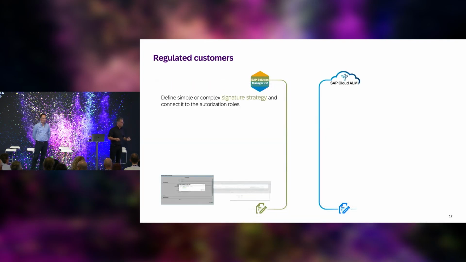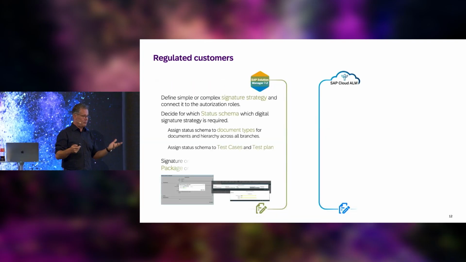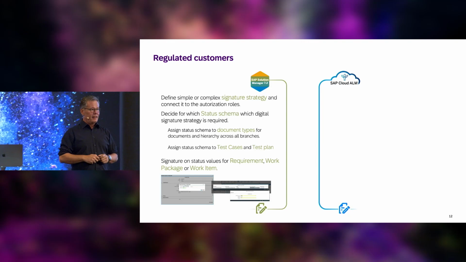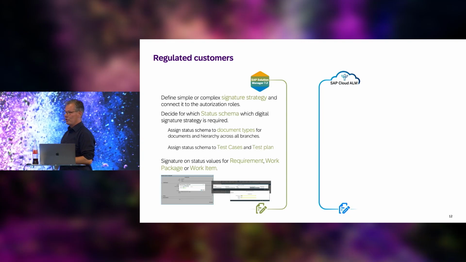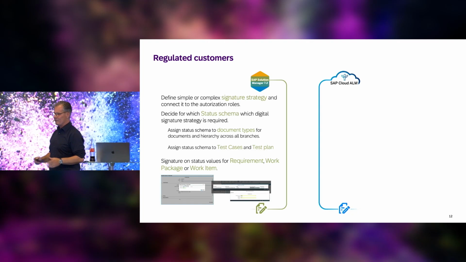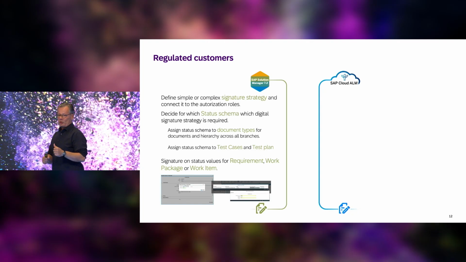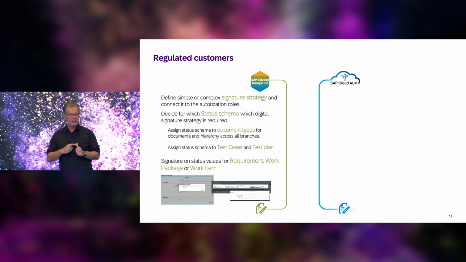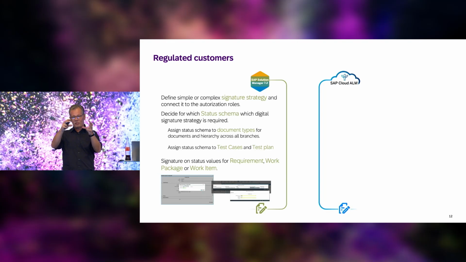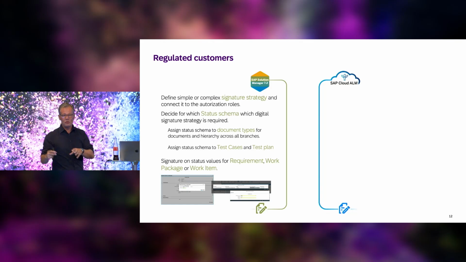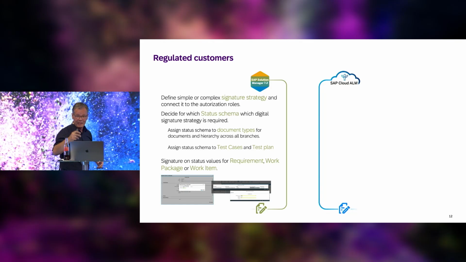But you are highly interested in signing off certain things, and you know that very well. In Solution Manager, you can digitally sign almost everything. So you could create a signature strategy. You could assign the strategy to the status scheme, which is used in documents, in test plans.